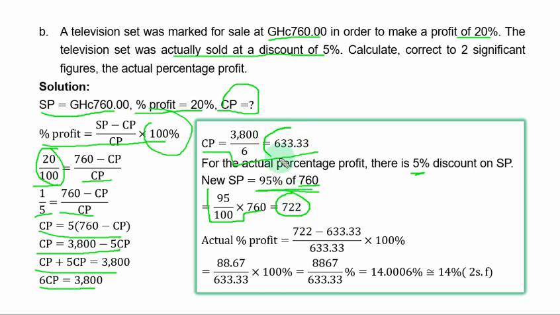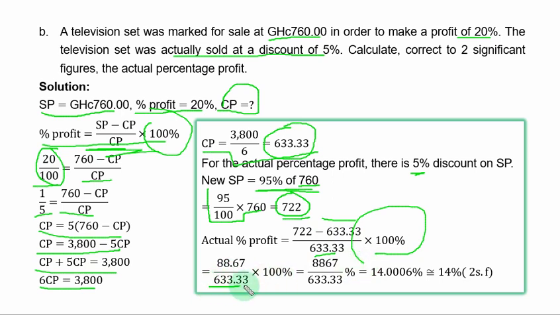So we use the same cost price to get the actual percentage profit. We use the same formula we use here. But here we have new selling price, cost price remains the same, over cost price times 100%.